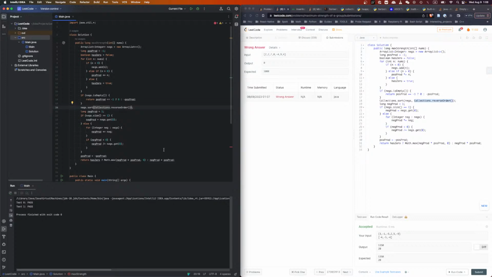If we have 0, we can decide to not include 0, or actually we can say int max neg positive shall be max.max neg product times positive product or positive product.